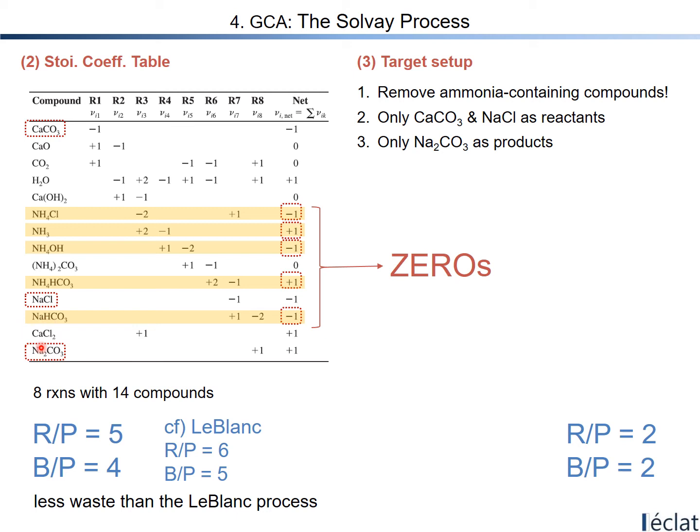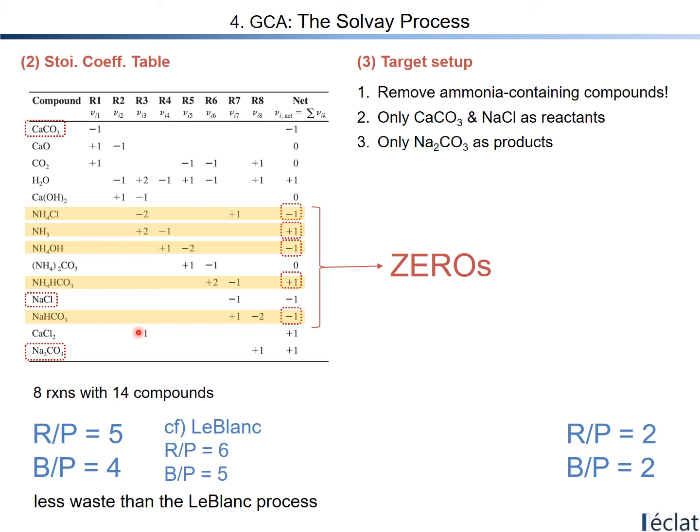However, let's take the stoichiometric coefficient of the table here. Only one single entity. The calcium chloride is generated by reaction 3. We cannot touch this case. I mean, only when we have both a generation term and a consumption term can we make it zero by adjusting the reactions.